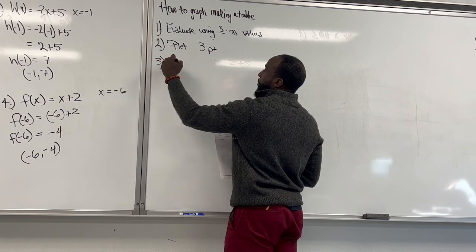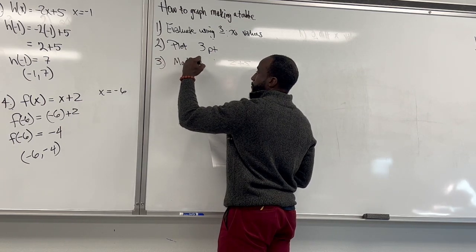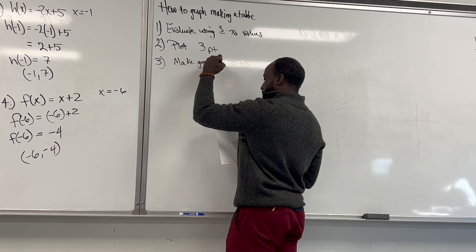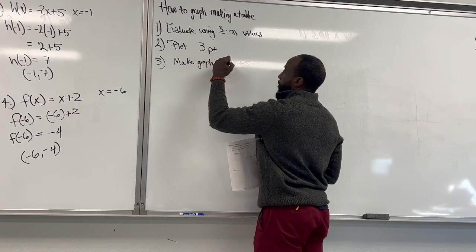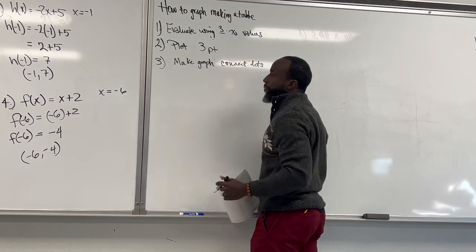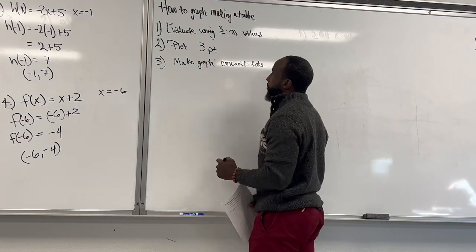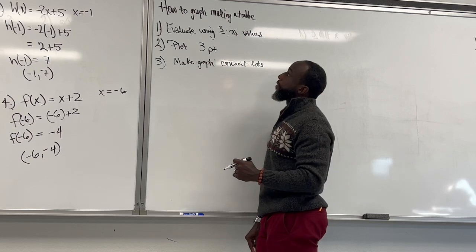Then step 3, you'll make a graph by connecting the dots. So you'll connect the 3 coordinates and make a straight line. Connect the points, okay? Making a straight line.